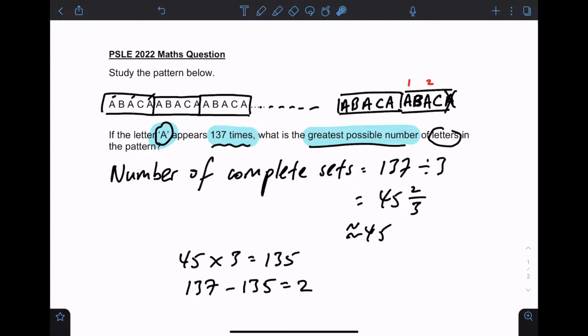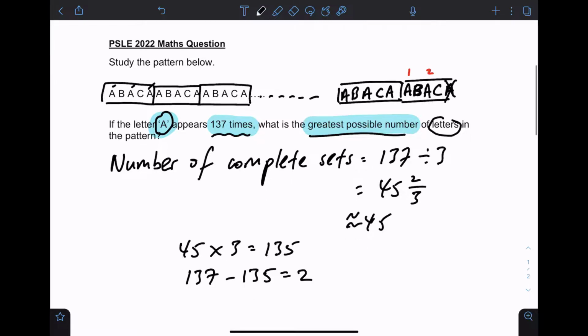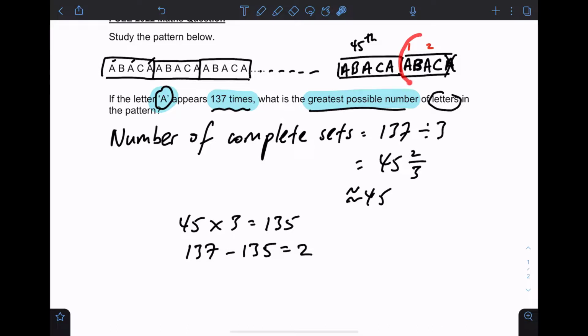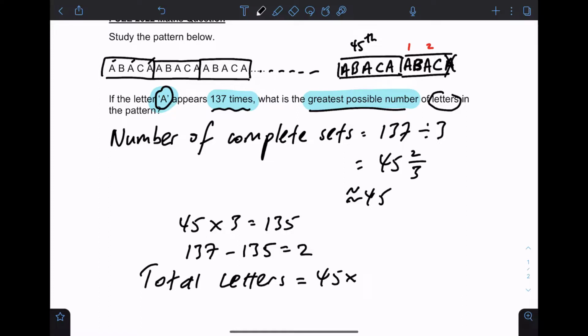So how many letters are there in total? There are 45 sets. So this right here was the 45th set. And this is the last incomplete set. So total letters, this will be 45 sets multiplied by, in each set there is 1, 2, 3, 4, 5 letters, plus that last incomplete set.